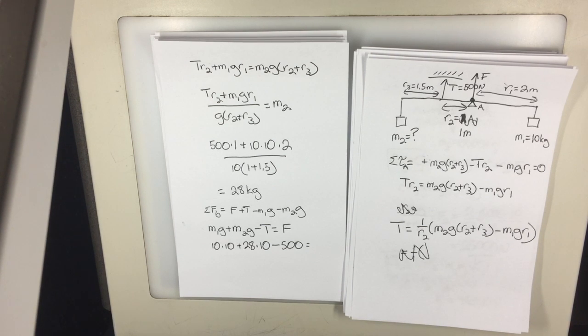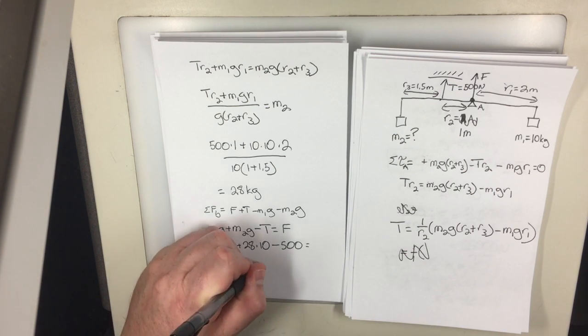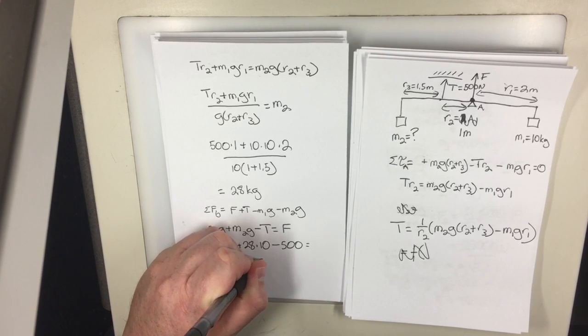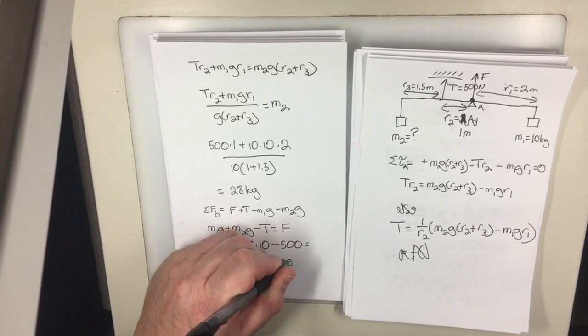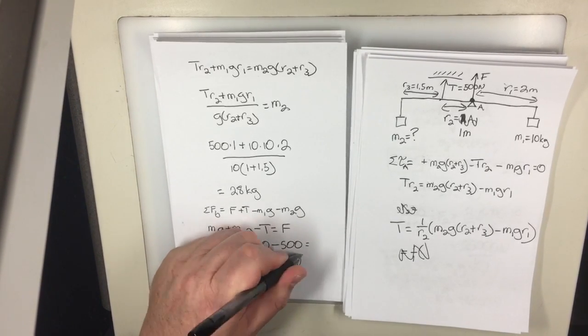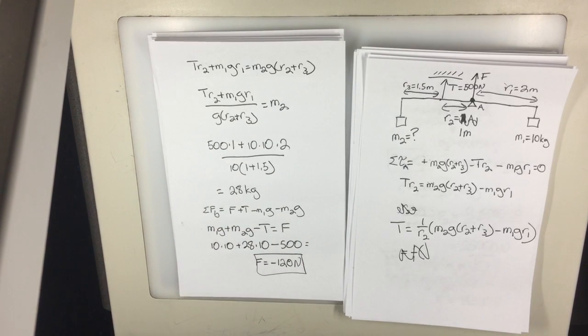Because the answer that I'm going to get, and sometimes during the calculations, now I've got a mystery, I got to figure this out. I got an answer of, oh, well then I guess it's just numeric. This is physically impossible. Minus 120 newtons would be the answer for it.